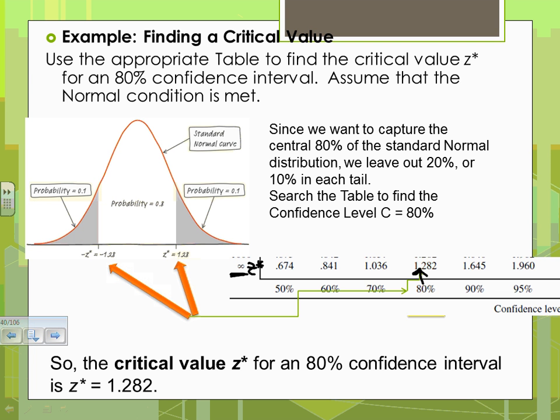So my critical value for an 80% confidence interval is 1.282. That means 80% is going to be in between negative 1.282 and positive 1.282. That is the interval you're going to construct that would give you 80% confidence.